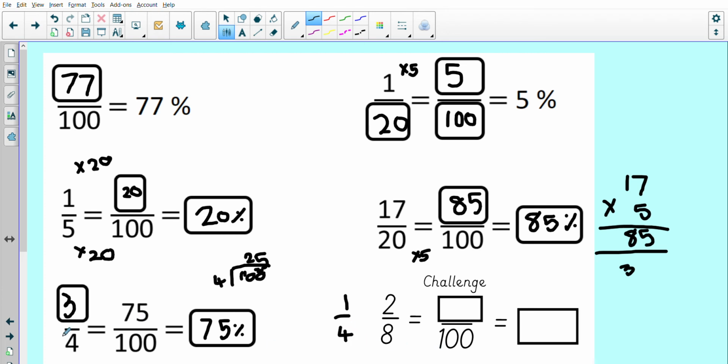We did it over here. It actually went in 25 times. 4 times 25 was 100. So again, we're going to do 4 times 25 to make my 100, and my numerator is now 1. So that is 1 times 25, 25 over 100, which equals 25%.